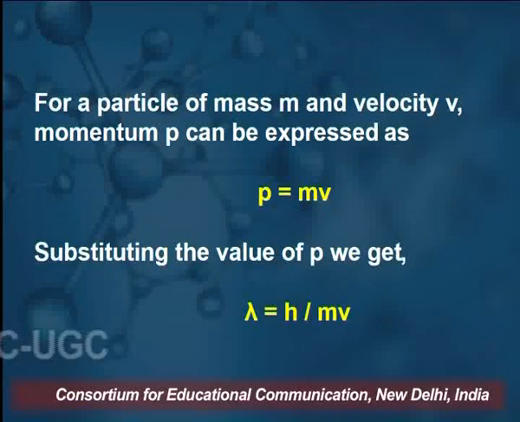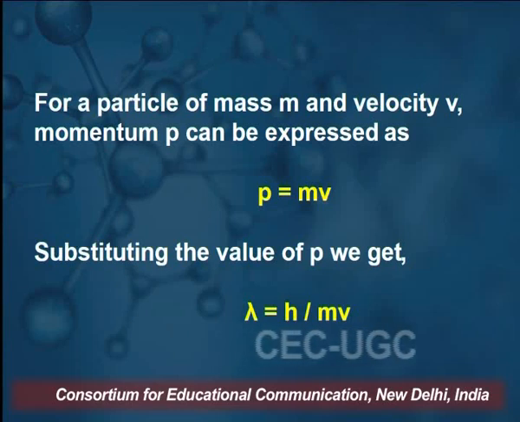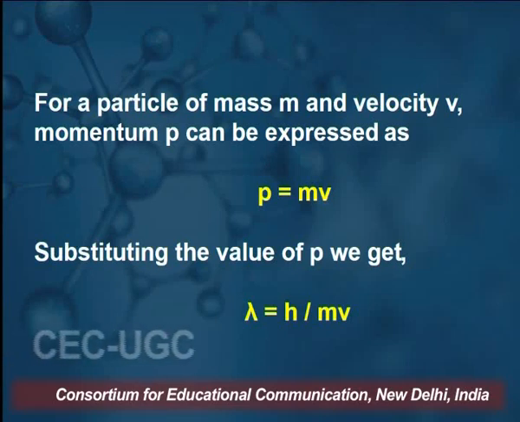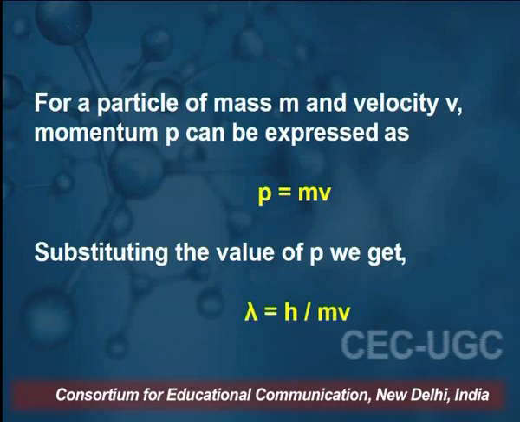For a particle of mass m and velocity v, momentum p can be expressed as p is equal to mv, and when we put the value of p in the previous equation, we get lambda is equal to h upon mv.